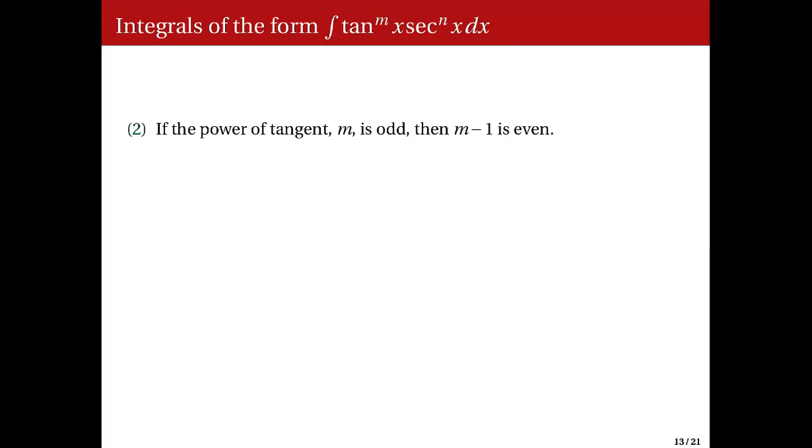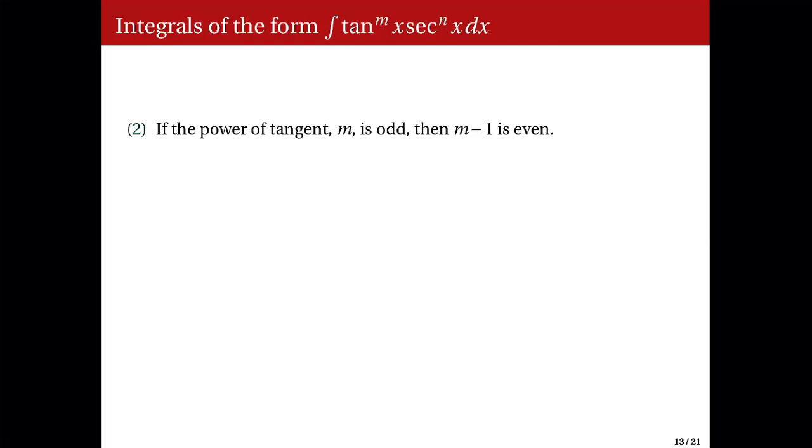So what we're going to do, if you have tangent to the m x, secant to the n x dx, you assume there should be a secant there. Of course, if there's no secant, you only have tangent to the m x dx, you can use your reduction formula, the one that we arrived at the beginning.